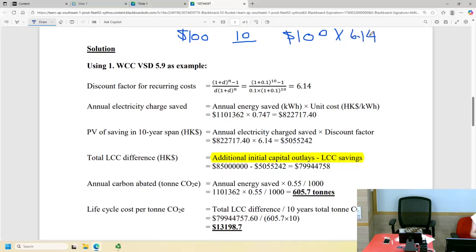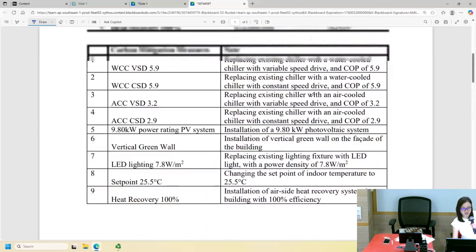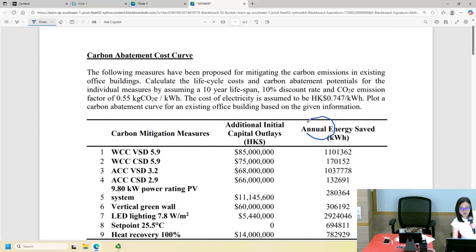This would be the present value of the saving if every year you save 100. You see what I mean? So we may use this for the energy saving because the energy saving is an annual saving.